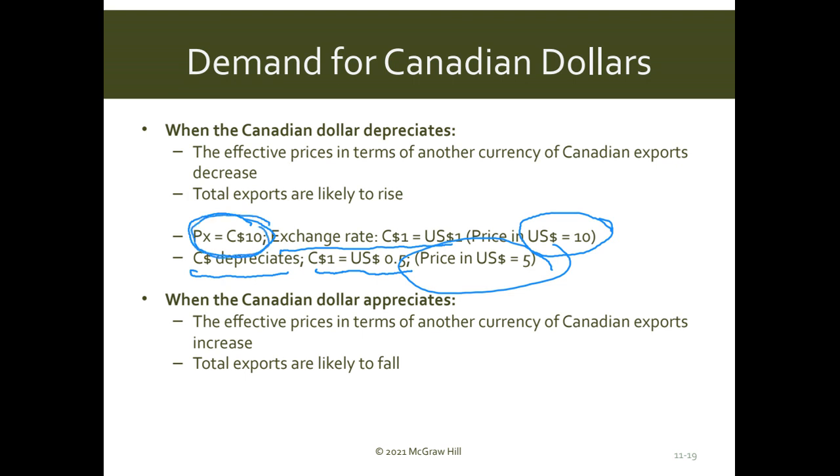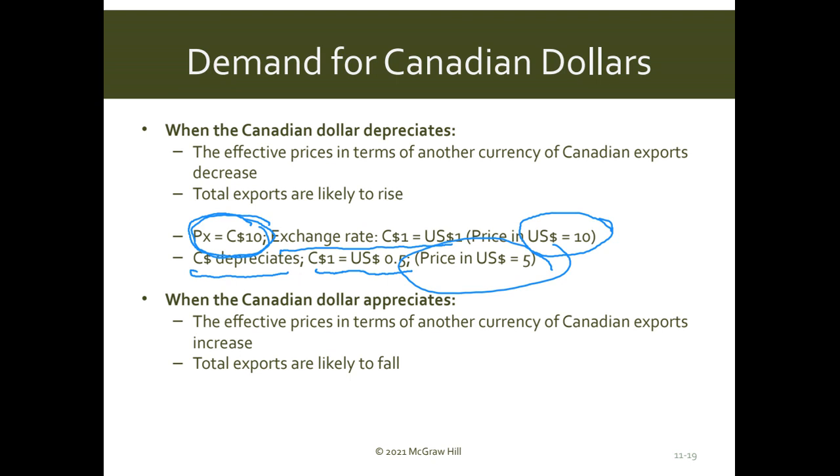Because $5 equals 10 Canadian dollars. So for US customers, the effective price of your product has gone down by 50% because of this exchange rate. And therefore, they are going to demand more, simply because prices are lower. So you are more competitive in the international market, and therefore you can export more. So the demand for your currency will increase.